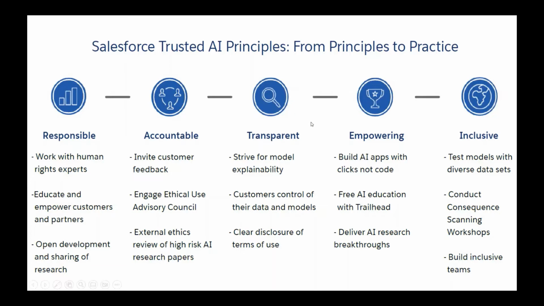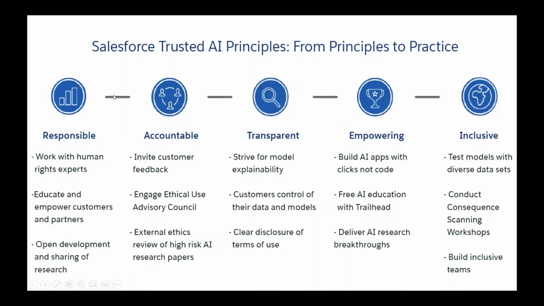And transparent means part of the explainability: customers control their data and models, clear disclosure of terms, and that's how we provide transparency. Empowering, again, educating is one of the important parts. Deliver AI research breakthroughs. Then inclusiveness: test models with diverse data sets, conduct consequence screening workshops, and build inclusive teams.